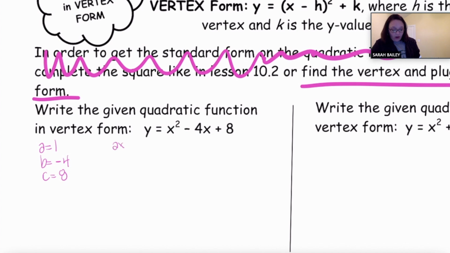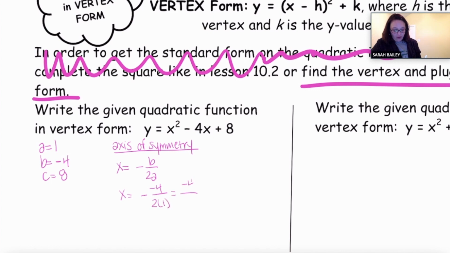And then our axis of symmetry, and please make sure that you're writing this information down too. To find the axis of symmetry, it's going to be x equals negative b over 2a. Well, b is negative 4. So I've got negative, negative 4 over 2 times 1.